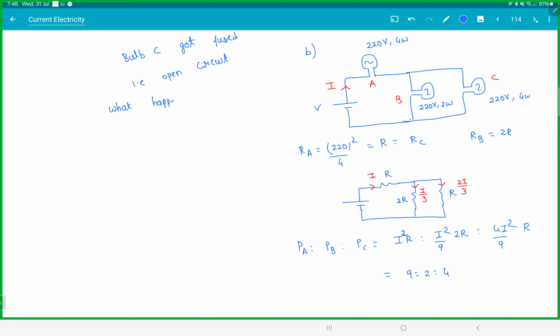When bulb C is there, there is some brightness. If C gets fused, what will happen to the brightness of A and B? Increase, decrease, remain the same. So the circuit has become like this.